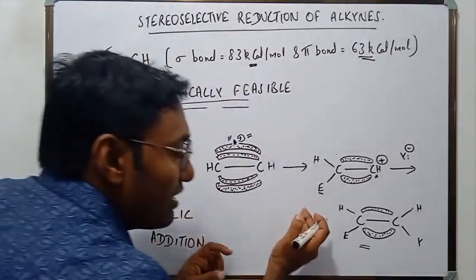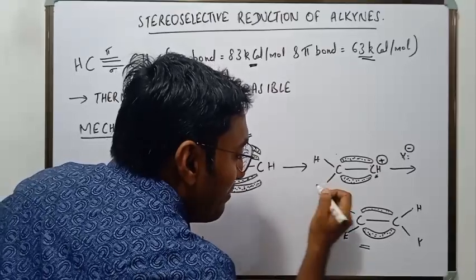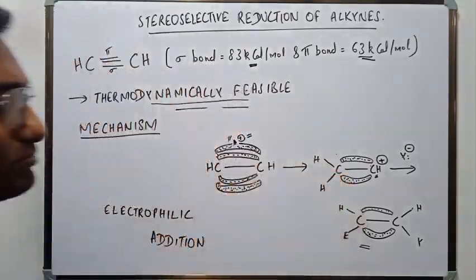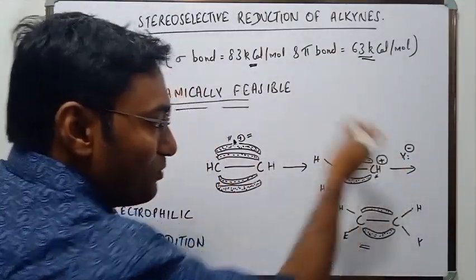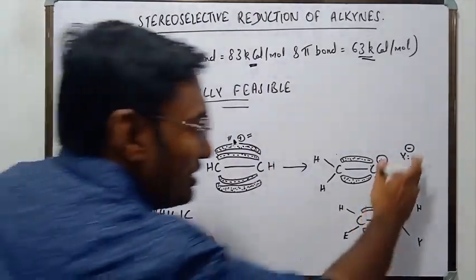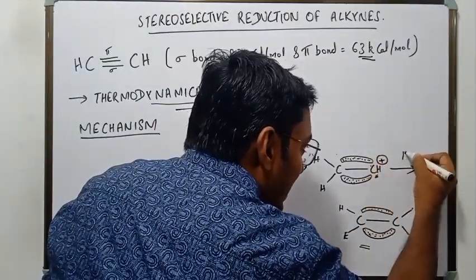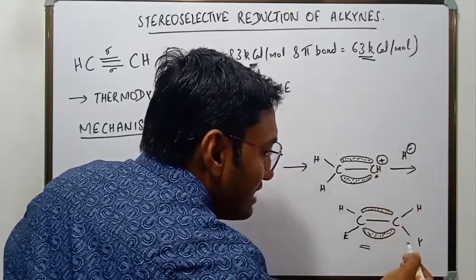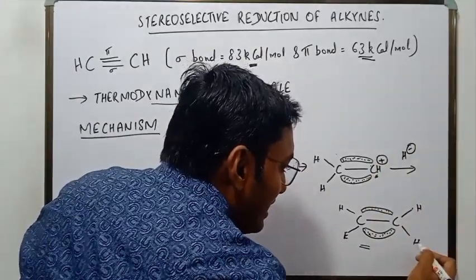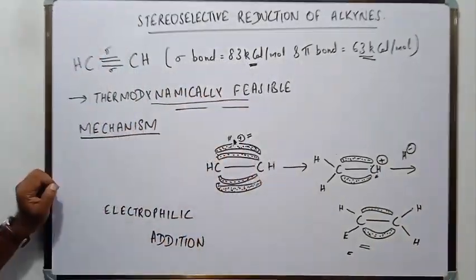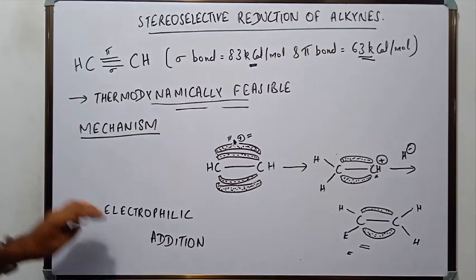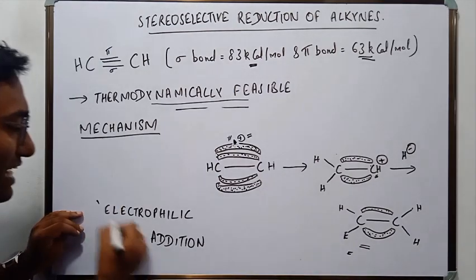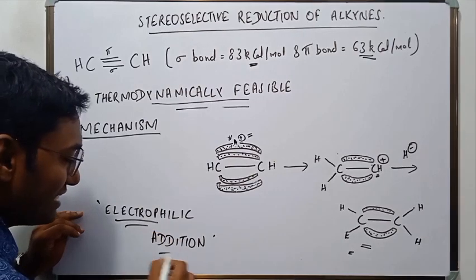In place of the electrophile, H plus takes away the pair of electrons from one of the carbon atoms, leaving the other carbon atom with a positive charge. Now, taking this opportunity, the hydride ion comes and attacks the other carbon atom, resulting in the formation of alkene. Therefore, the hydrogenation reaction is an electrophilic addition reaction.